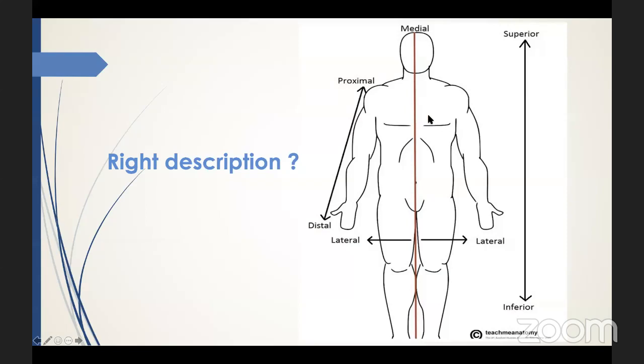To avoid this confusion, I would urge you and advise you to use, for example, if we scan a DVT, a superficial femoral vein, let's refer to this point here as the upper level of the thigh, mid level, and above knee level here, or below knee level if you want to describe something you find.